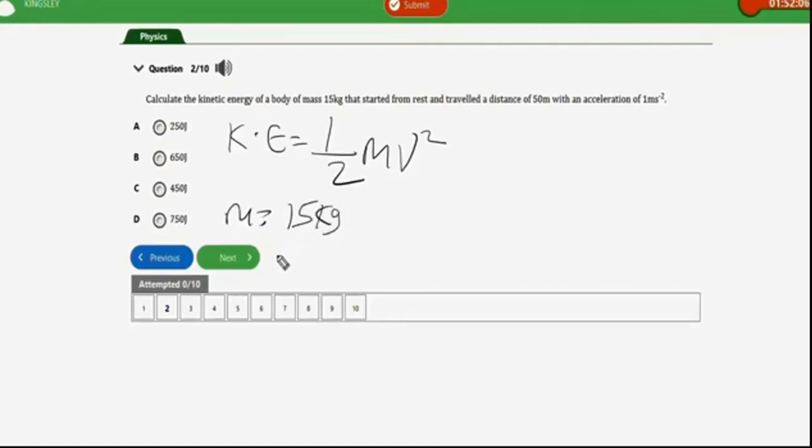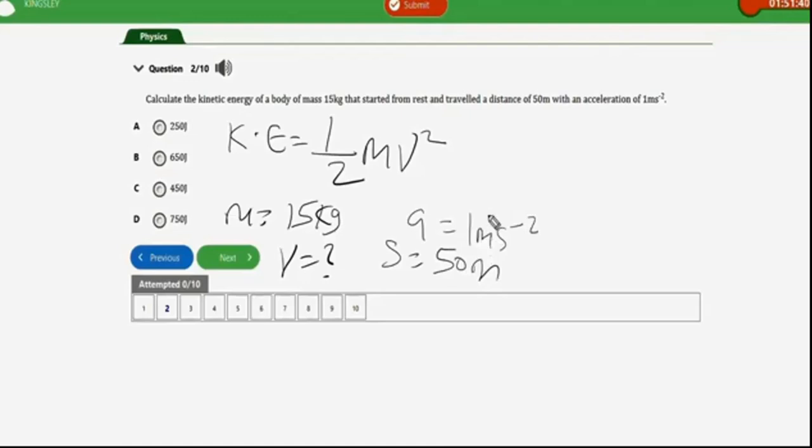We don't have the velocity actually, so we can't solve this question with just the mass we have. So we need to get the velocity, and also in this question we have these parameters. We have distance x to be 50 meters. We have acceleration to be 1 meter per second square.